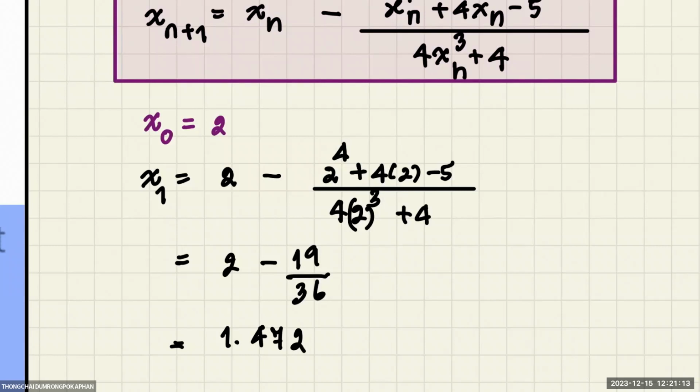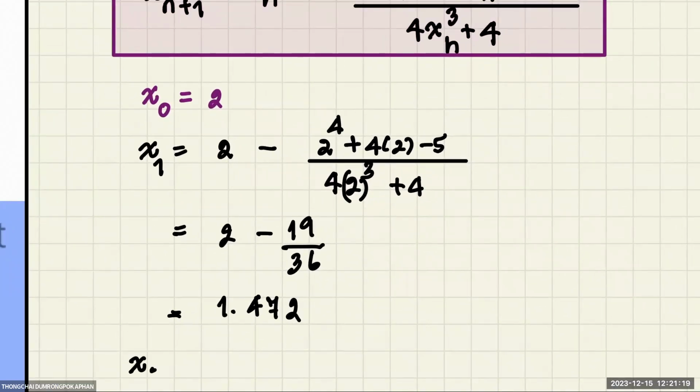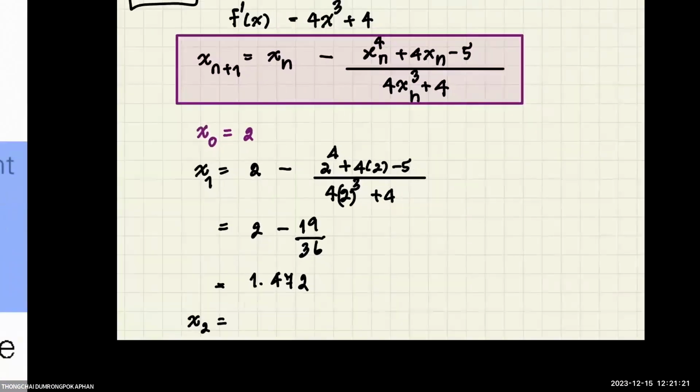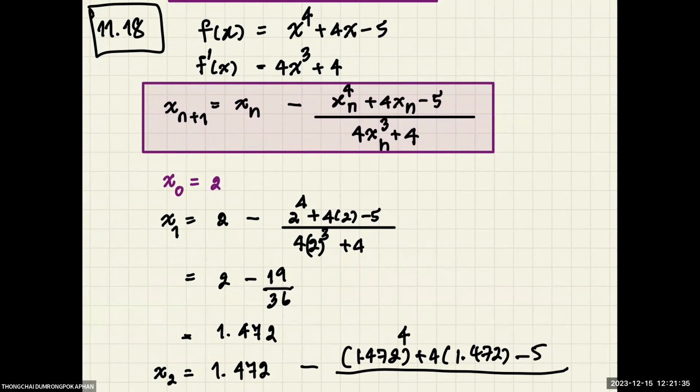Okay, if you have this, you get x1, and then x2 is going to be 1.472 minus (1.472 to the fourth plus 4 times 1.472 minus 5) divided by (4 times 1.472 to the third plus 4). Okay.